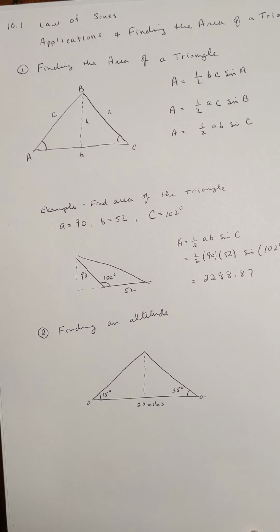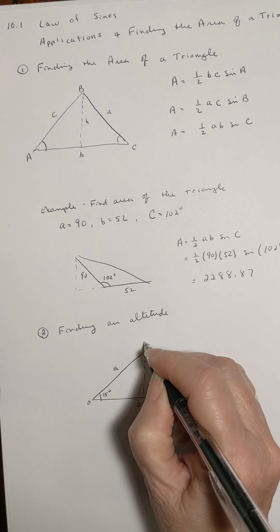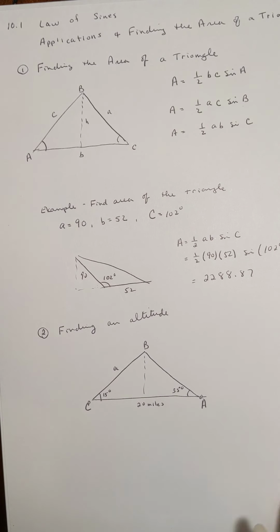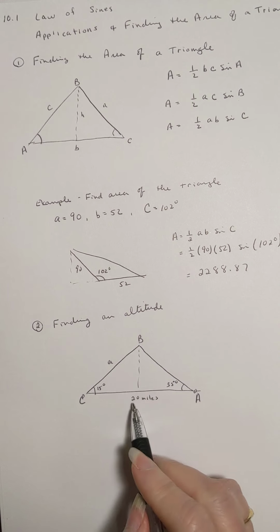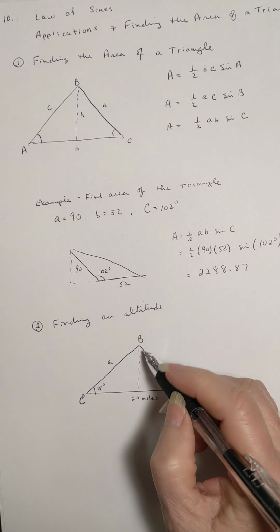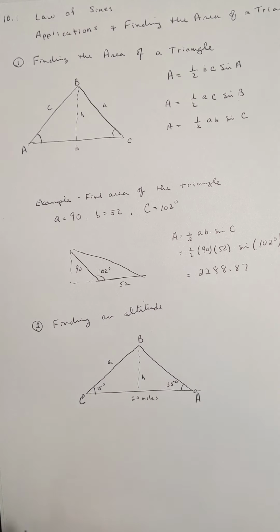All right, and so what I'm going to do first is find side A. So let's call this A, B, and C. What I'm basically going to try to find is this height H. But before I can do that, I have to find either this side or this side.